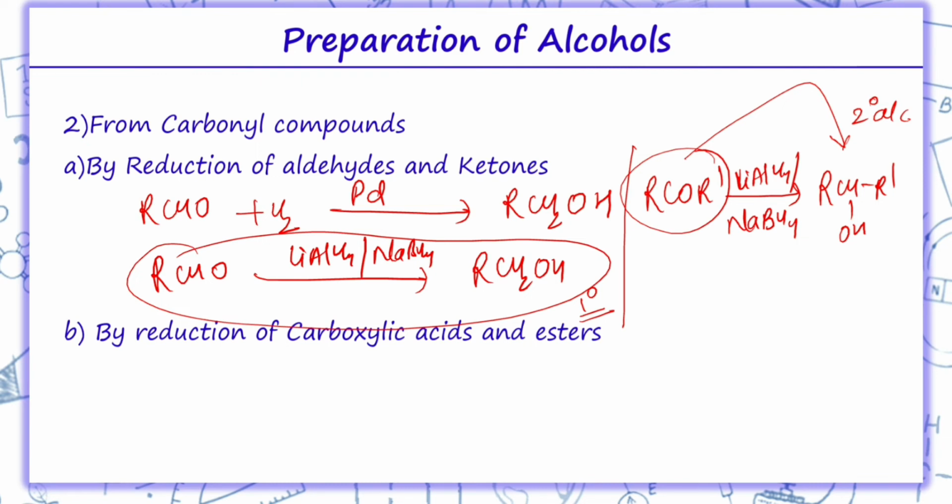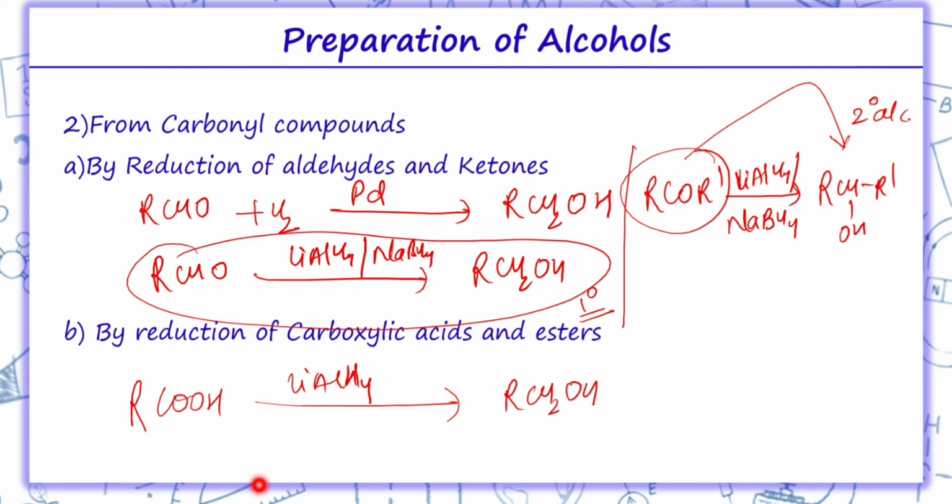Next is by reduction of carboxylic acids and esters. So we have carboxylic acid, that is RCOOH. Carboxylic acids are reduced to primary alcohol on reaction with lithium aluminium hydride, which is a strong reducing agent.